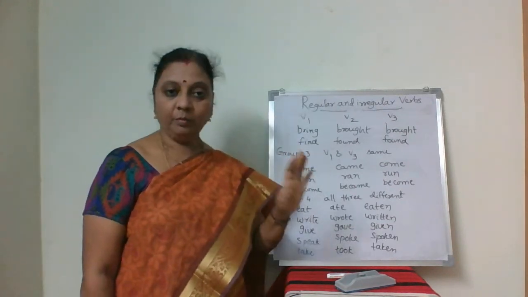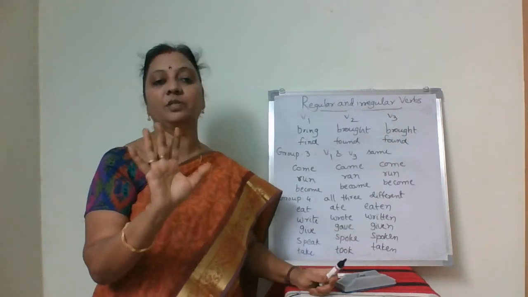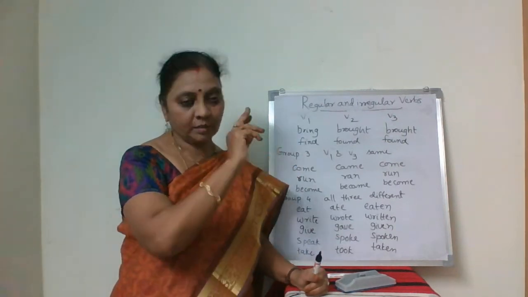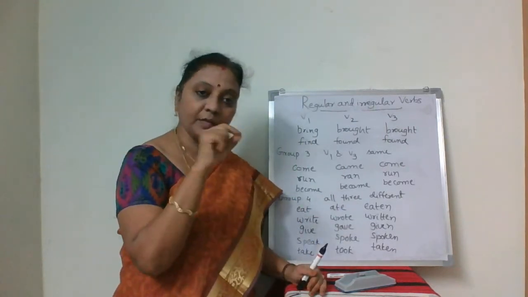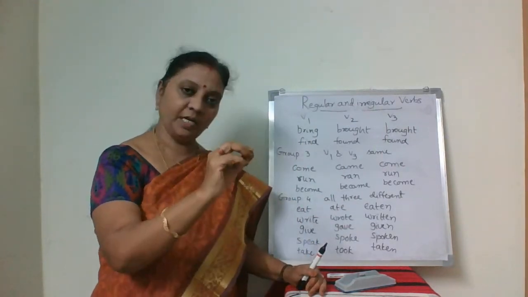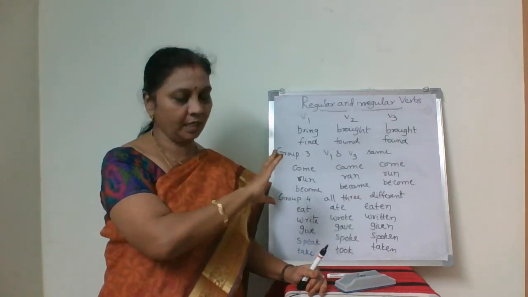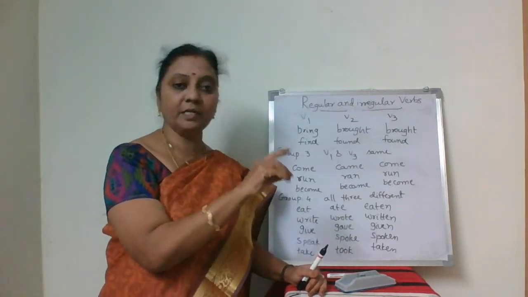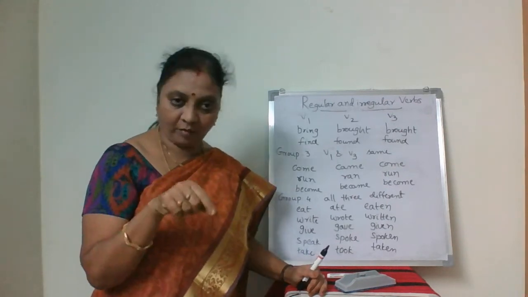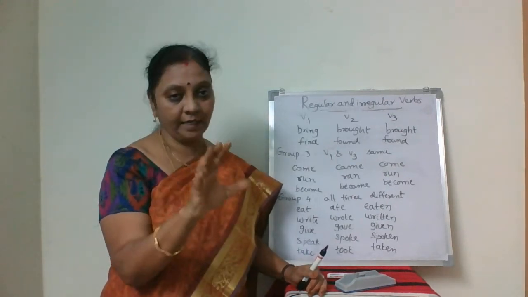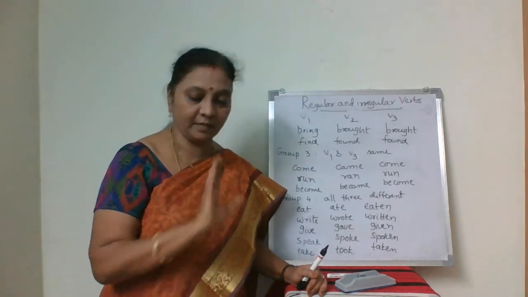So now, what are regular and irregular verbs? In regular verbs, the past and past participle end with ed, directly by adding ed, or, if e is already there, only adding d, and in the third case, dropping y and adding ied. But ending with ed is compulsory in regular verbs.